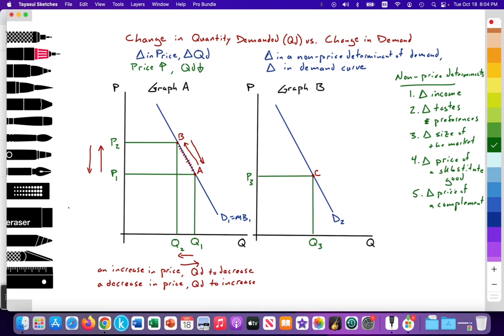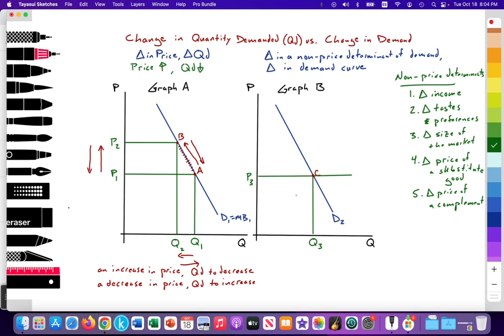Okay, so this is a quick list of non-price determinants. If any of these factors change and we're holding price constant at P3 in graph B, then the demand curve could be increasing or decreasing. So again, if there's a change in a non-price determinant of demand, then you get a change in the demand curve. Not the quantity demanded, but the entire demand curve itself. So we could have price being held constant at P3, right?